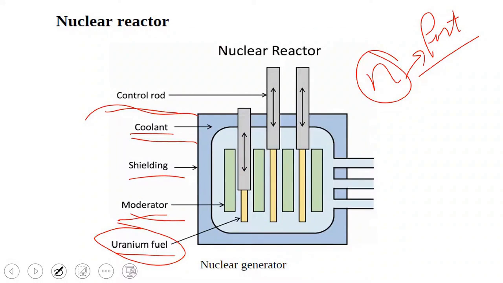The moderator can be water or graphite. Why water and graphite? Because they can absorb the neutrons and slow them down, converting them from fast to thermal, which have less energy, since thermal neutrons can induce a fission reaction with uranium better than fast neutrons. So that's the function of the moderator.